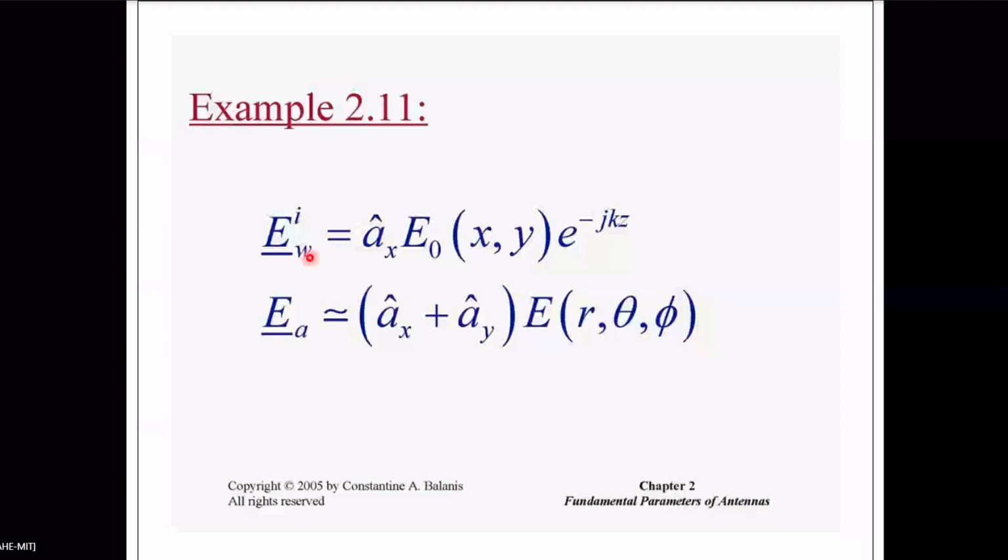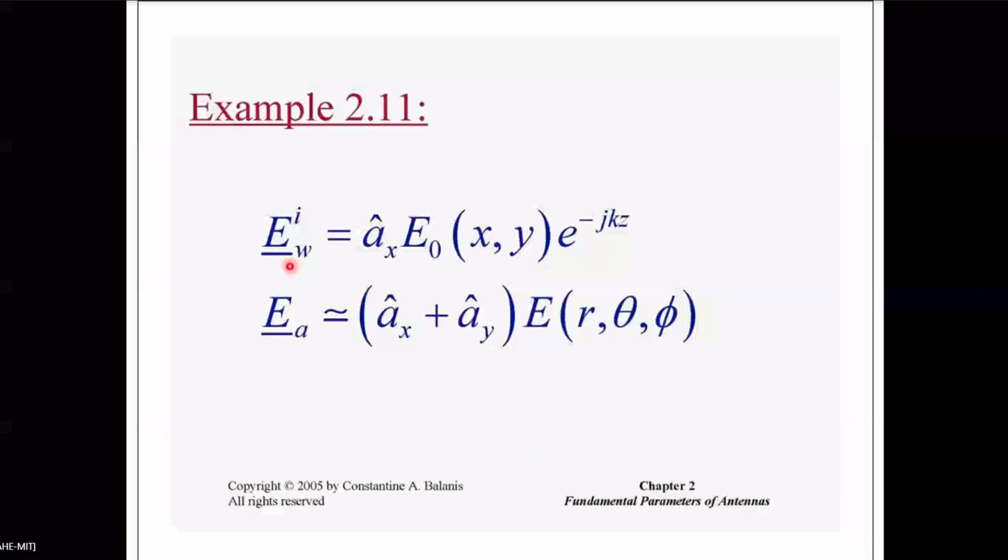This is EW, the incident wave. This is EA, the polarization of the antenna, the electric field of the antenna. So how do you find this?